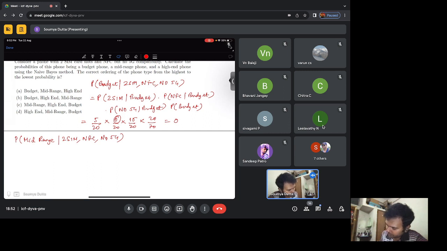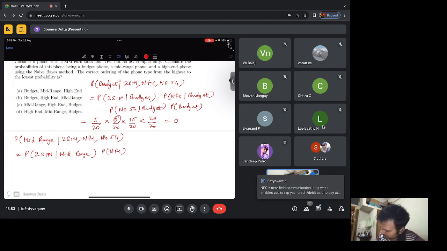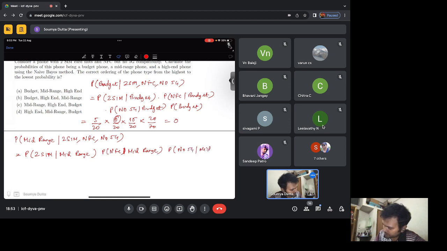Okay, so here the formulation would be P of 2 SIM given mid range, into P of NFC given mid range, and P of no 5G given mid range, into P of mid range.